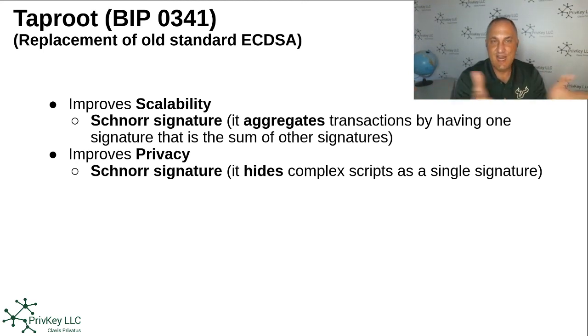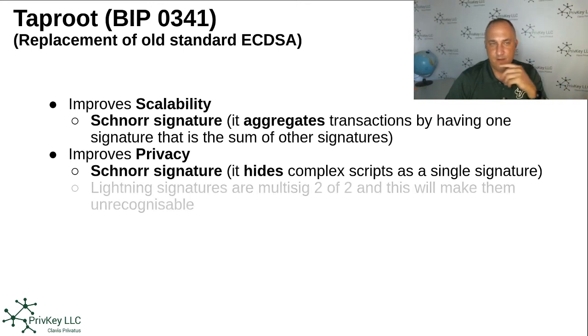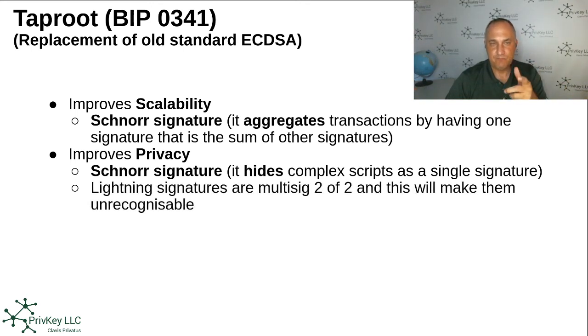So you can analyze the blockchain and say it's either a Lightning Network transaction or some kind of complicated transaction. So there's a way in which you can analyze the network. This improves privacy because it hides all of that complexity. Now you see the same signature for a simple transaction as for a more complicated transaction. And that's what I meant about Lightning signatures being 2 out of 2 signatures.